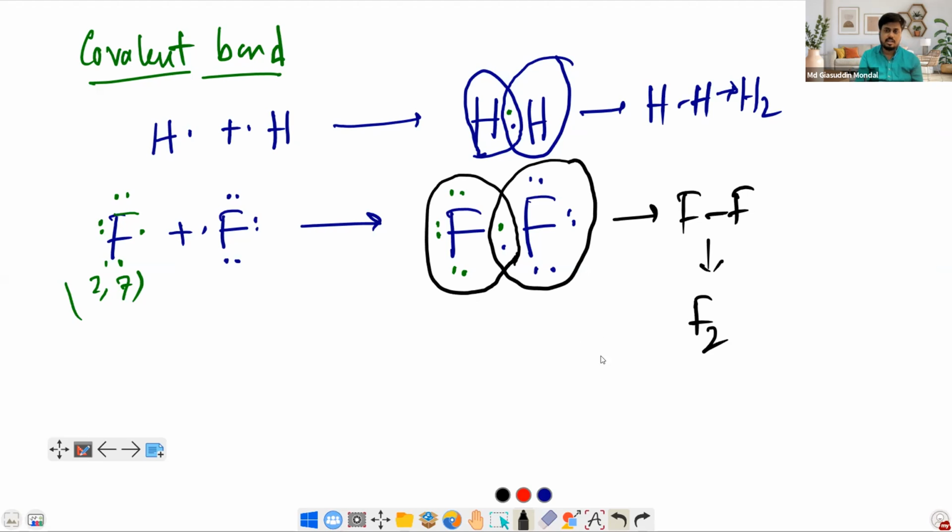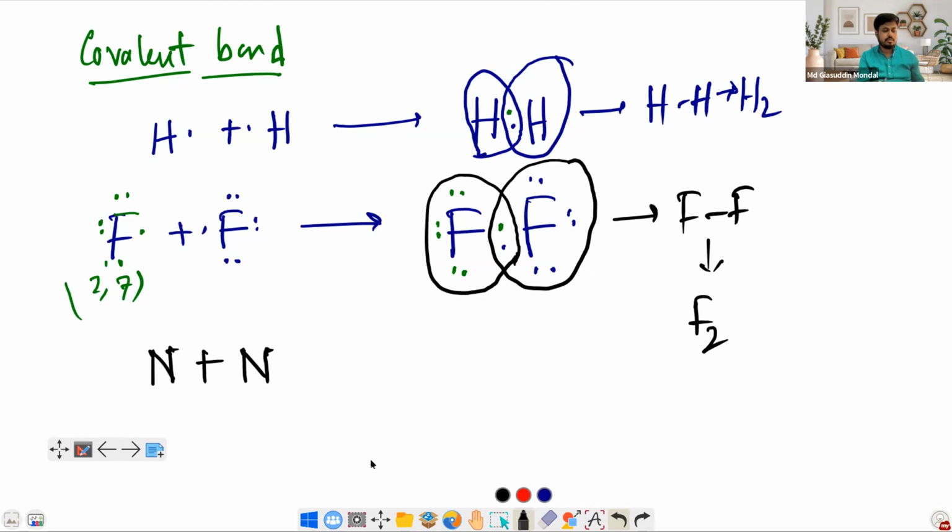So now in both these cases we have found the single bond. We can also find the double bond and triple bond, is it not? In case of oxygen, we have found a double bond. So in case of nitrogen, which is very, very important for your exam also, how many electrons can be found?